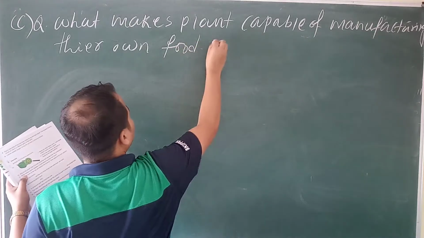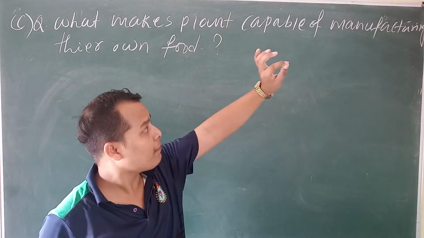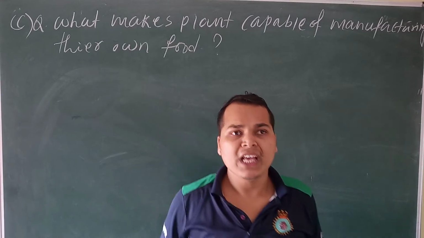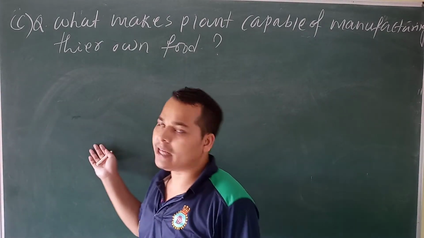First understand the question. Which way or which substances are required for the plant to make its own food?